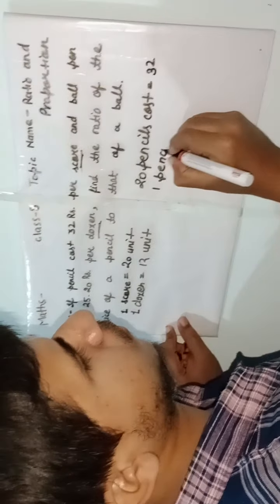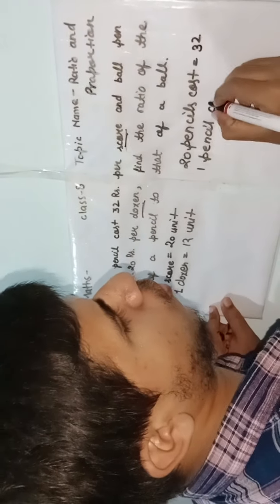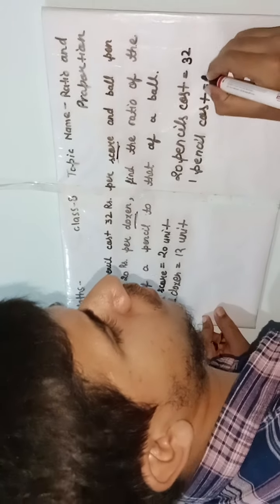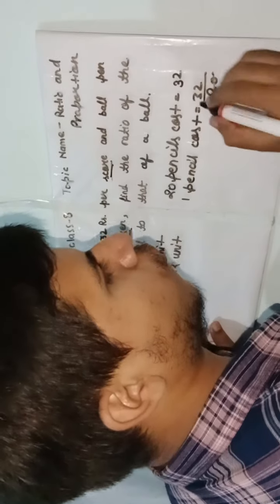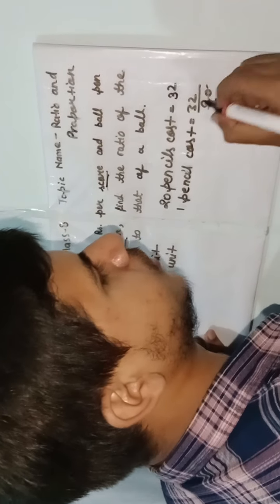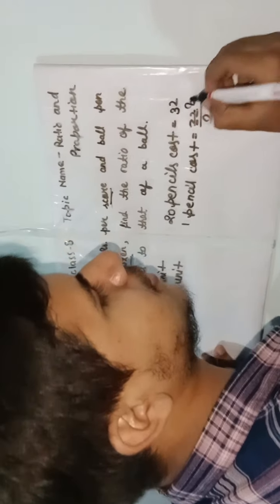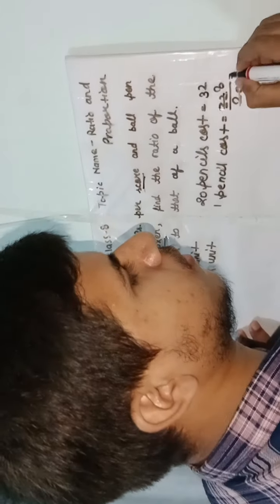Then one pencil costs 32 upon 20. I solve it. 4 5s are 20, 4 8s are 32. Then 8 upon 5.